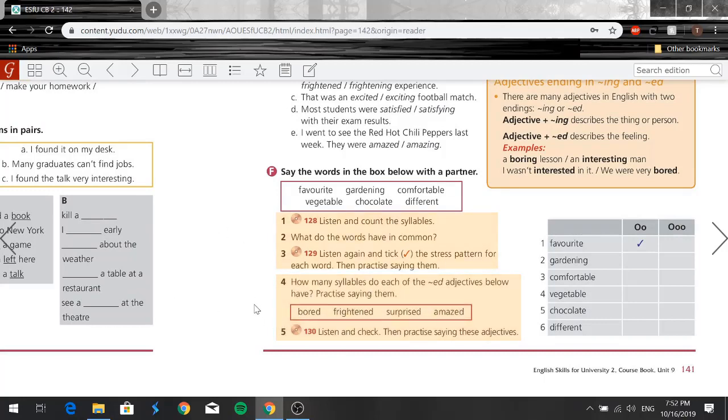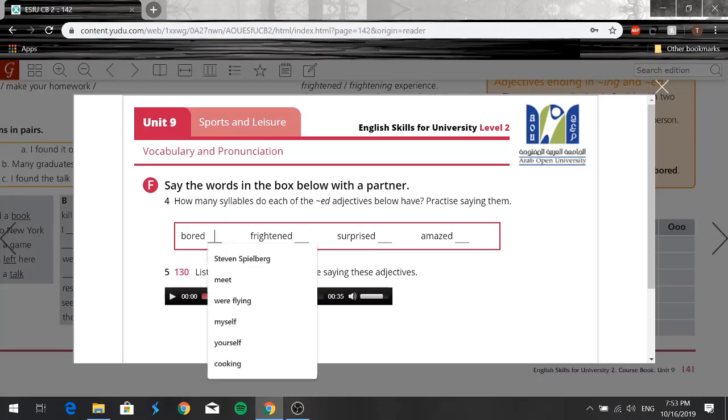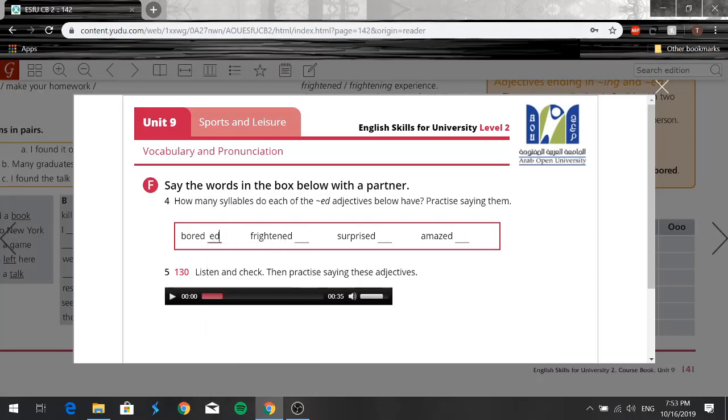How many syllables? Practice saying them. Let us check here. What do we have? How many syllables do each of the ed adjectives below have? Practice saying them. So we have bored, frightened, surprised, and amazed. Wow, I did not mean to do it like that.